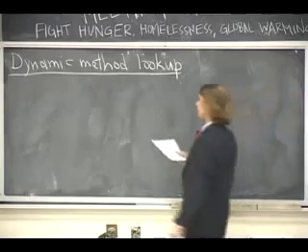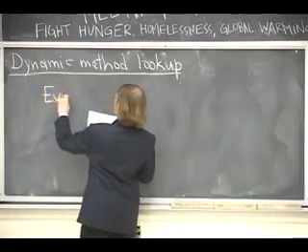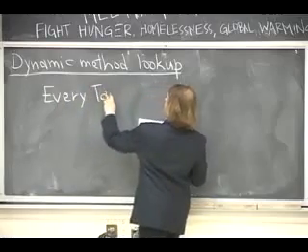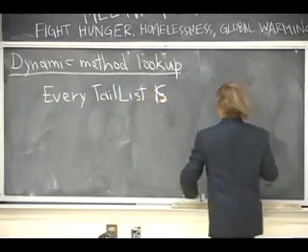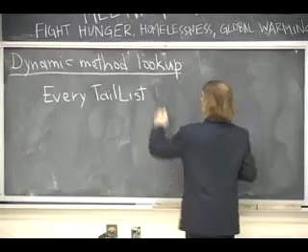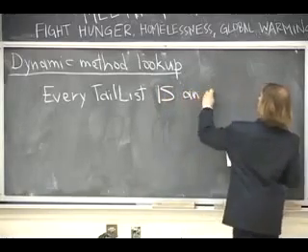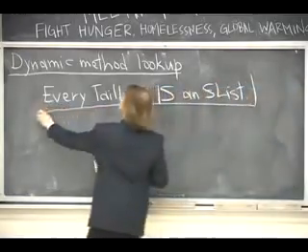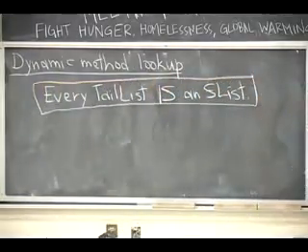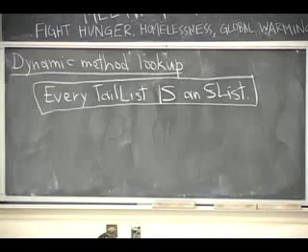In fact, as far as Java is concerned, every TailList is an SList. That's important. Put a big box around it. Every TailList is an SList. Memorize that. Every Proletariat is a Worker, every TA is an Object, and so forth and so forth.